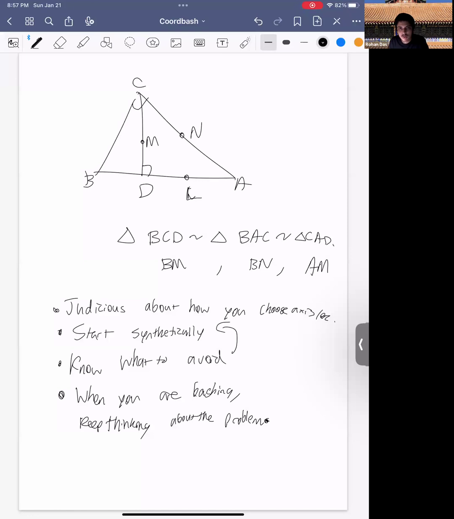Okay, so I see a question that asks, what should you do if you're sure you can bash a problem, but you think you might be able to do other problems in the same time? Usually this sort of geometry bashing is by far the longest problem you would have to go through.